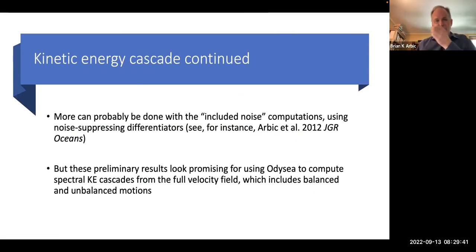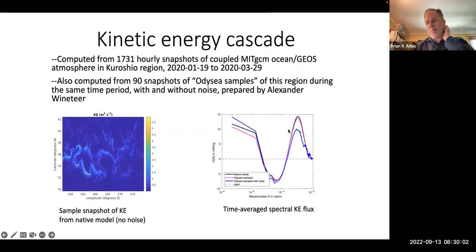So I think more could be done with the included noise computations. There are things called noise suppressing differentiators, which are well known in the numerical literature, and I wrote about applying them to altimeter data in a JGR paper. So probably a better job could be done than just shoving it through a usual spectral differentiator, which is probably going to really amplify the small scales.